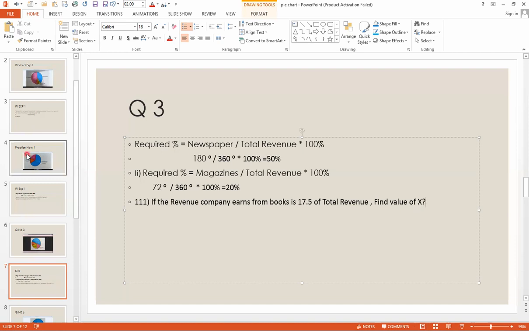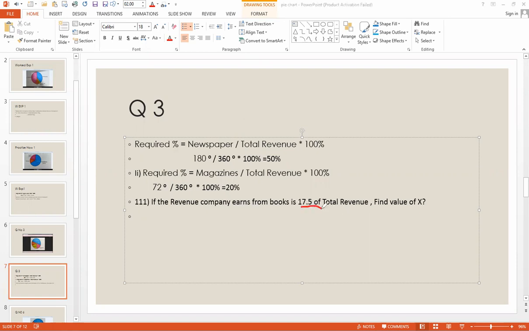Okay. I have to write the question for you, only for your understanding. Wait, I want to use the pencil so it becomes easier for you. And I also change the color. Red. They are saying if the revenue the company earns from books is 17.5% of total revenue, you have to underline this part.